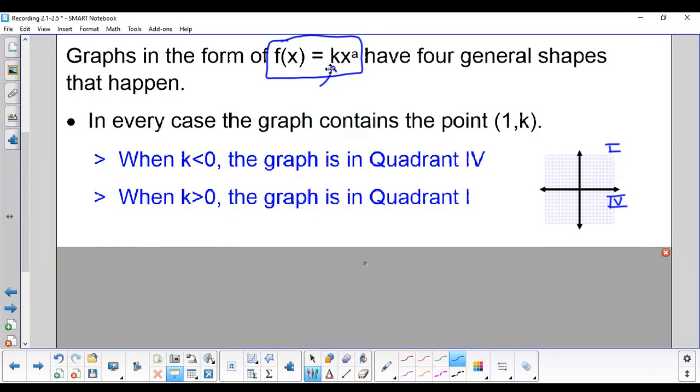If k is positive, we're going to end up in quadrant 1. If the k value is negative, we're going to end up in quadrant 4. Now, we will always pass through the point (1, k) with a power function. So we go over 1, and then whatever k is, we either go up or down, and that's going to signify whether or not we're in quadrant 1 or 4.